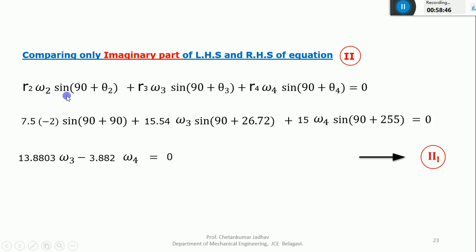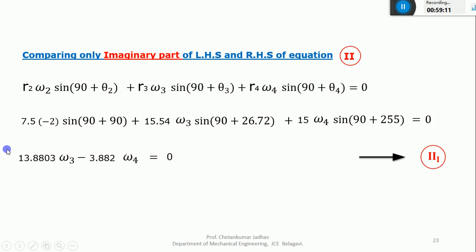R2 omega 2 becomes sine instead of cos. Again substitute the values of R2 omega 2. Omega 2 is clockwise and its magnitude is 2 radian per second. Since it is clockwise, it is negative. So the entire thing will be the same as the previous slide, except cos becomes sine. After solving this one, you'll get this equation.